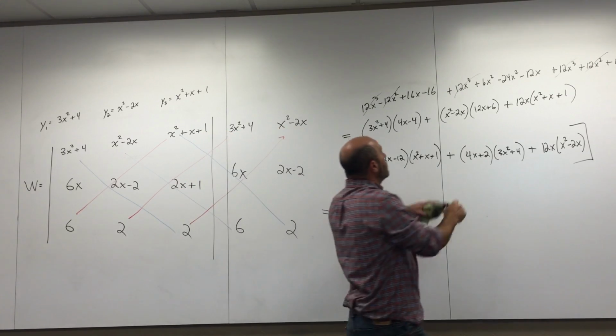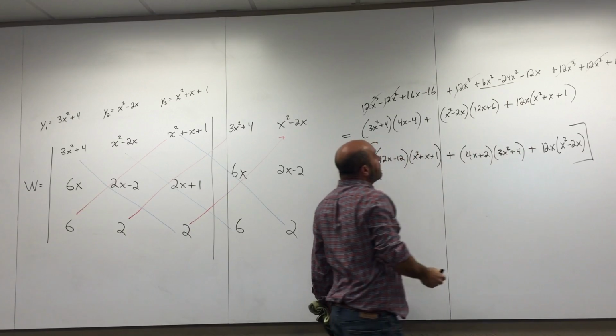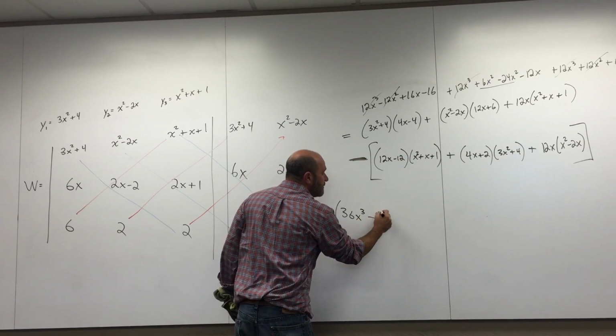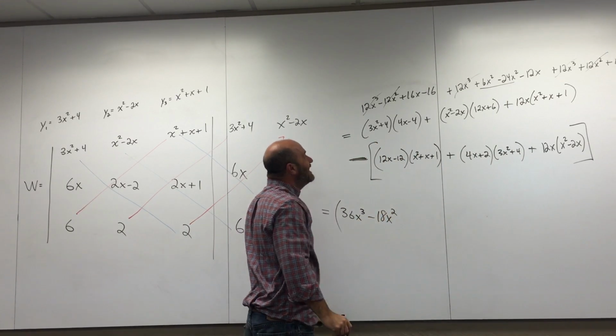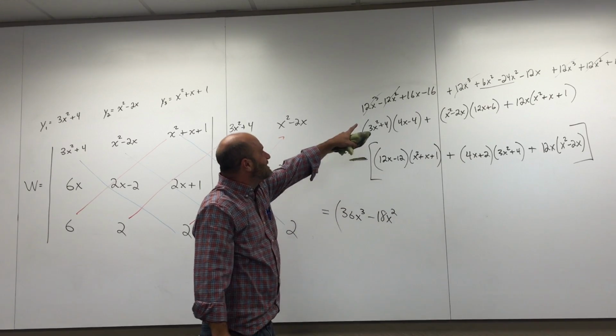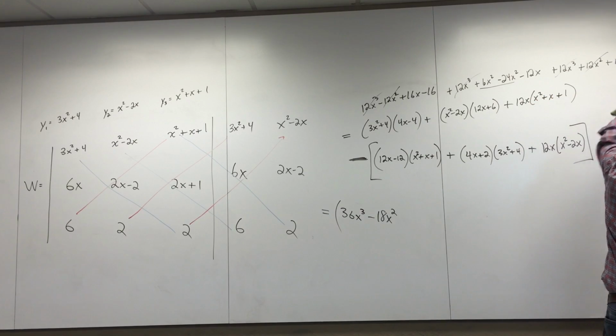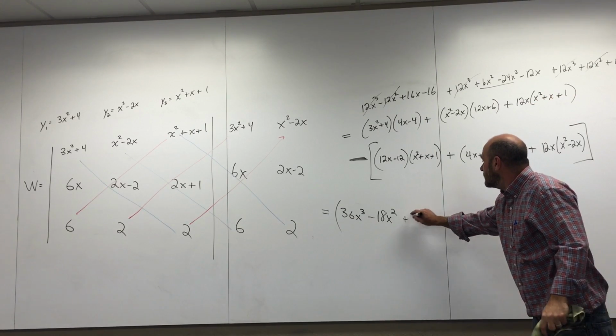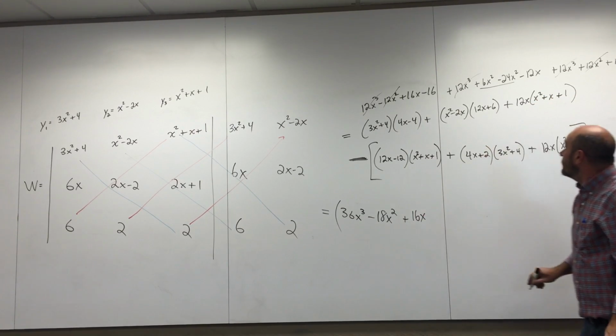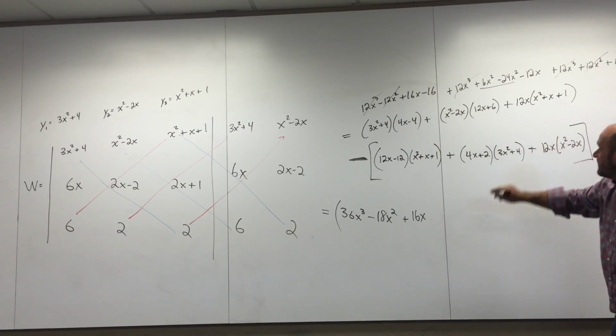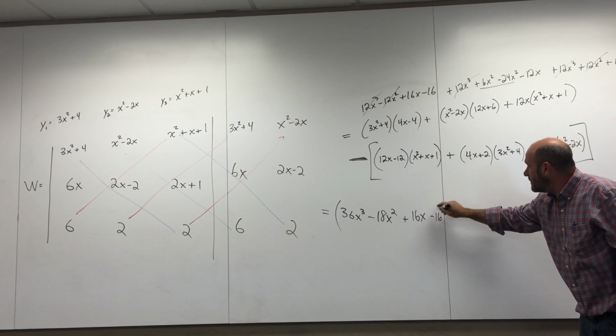So negative 18x squared. But I got these two, that's a negative 18x squared. Okay, thank you. What about my x's? I got a 16x minus a 12x is a 4x, plus that's a 16x, I guess. Any plain old numbers anywhere? Right there is a negative 16. I hope I did that right, you guys.